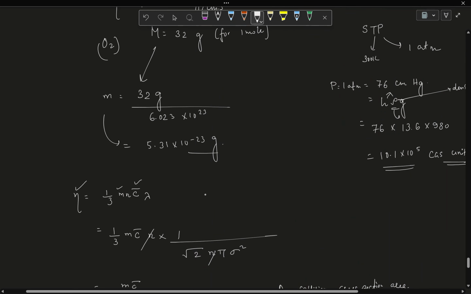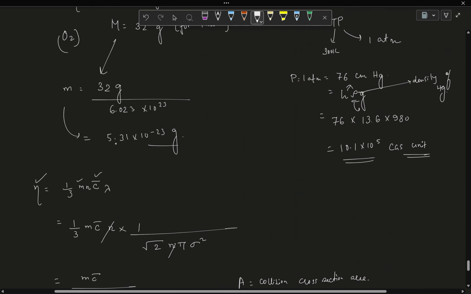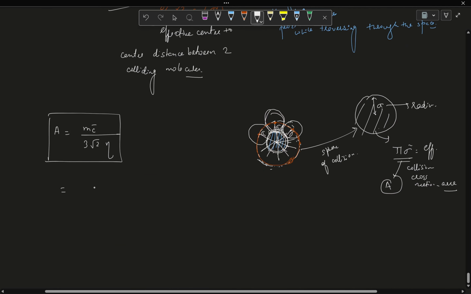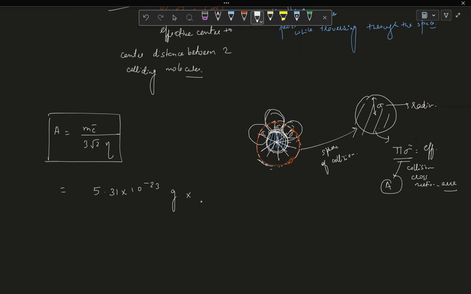Then m, you have already seen, equals 5.31 into 10 to the power minus 23 gram, everything in CGS. C bar is basically root over 8kT by pi m, right?